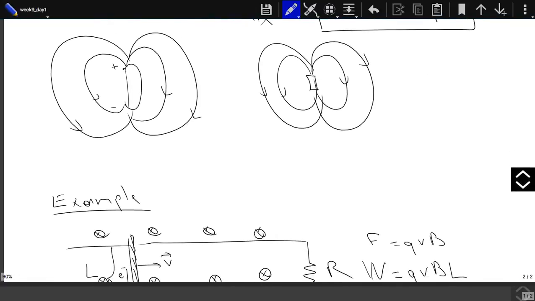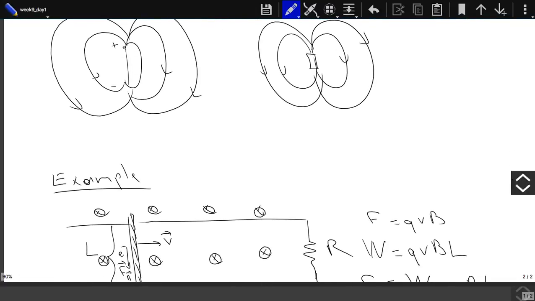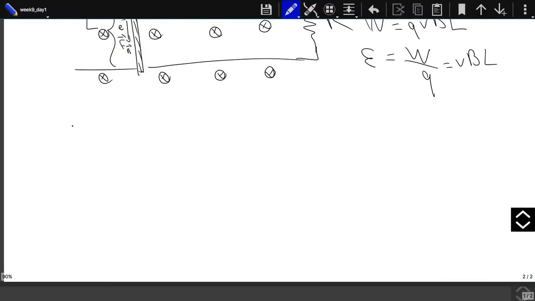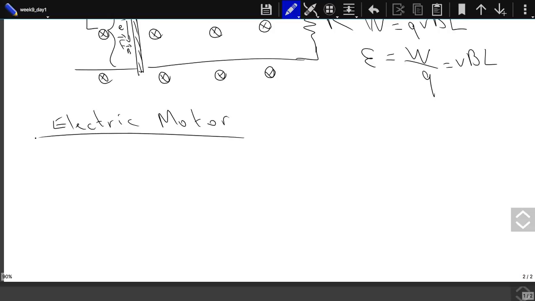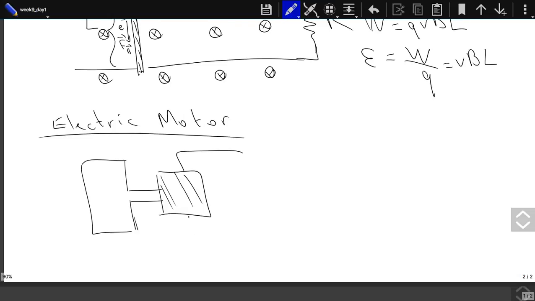No, even with DC. I mean, you have electric motors working with batteries which provide DC. So basically what you do is you create such a system. This is your wire. Now here there is something which is connected to batteries.